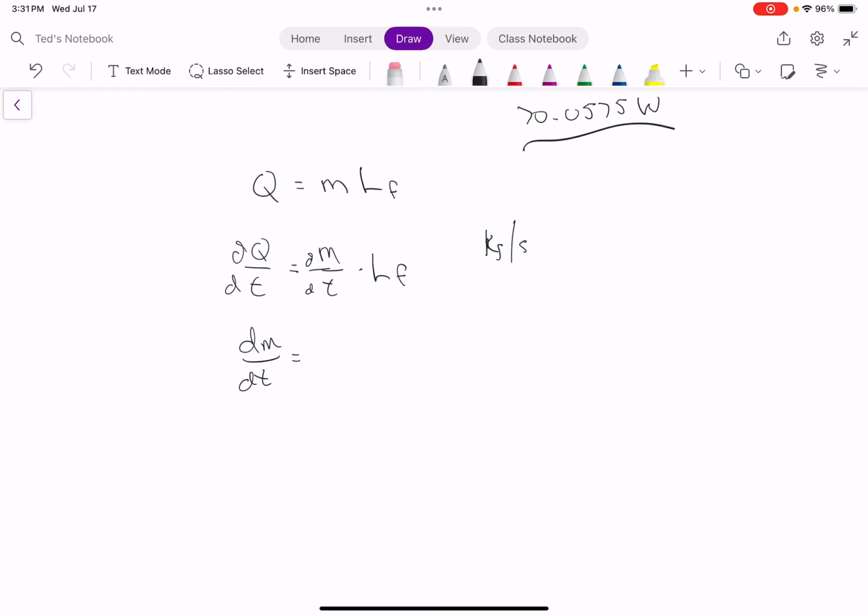So if I want dm/dt, that's just going to equal my dQ/dt divided by the latent heat of fusion, so that's 70.0575 watts divided by, okay, and I need to look up the latent heat of fusion for water, 334,000 joules per kilogram.